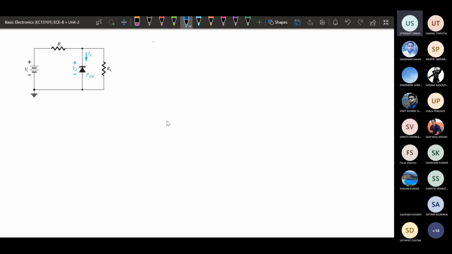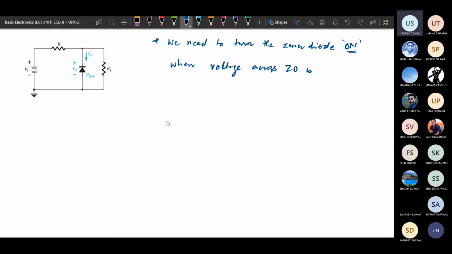Okay, so our motive is to turn this Zener diode on, and this diode will be on when the voltage across the Zener diode is greater than or equal to Vz.